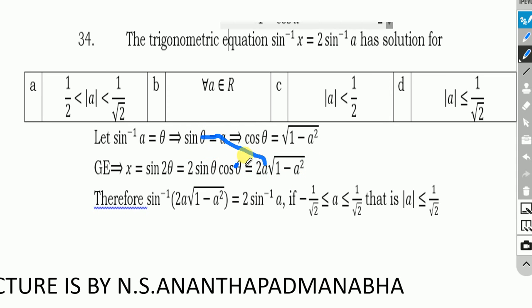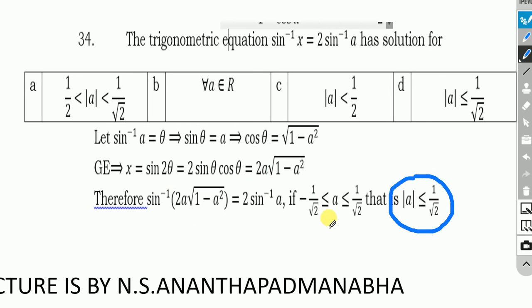Therefore sin inverse of 2a into root of 1 minus a square, this is the left hand side, is equal to 2 sin inverse a. This equality holds for modulus of a less than or equal to 1 by root 2.